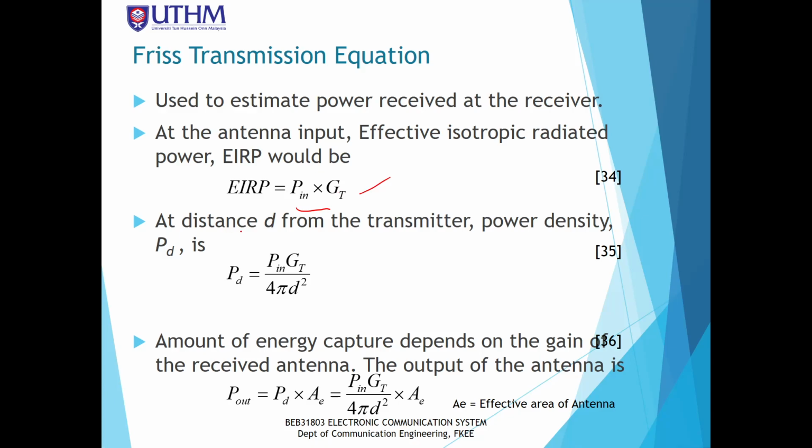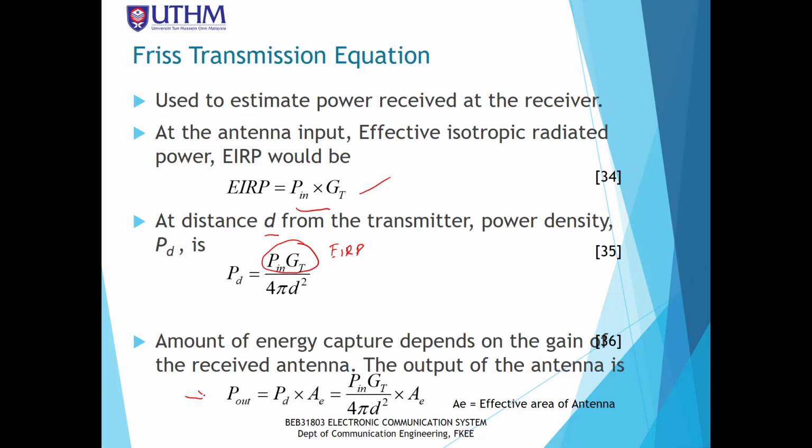At distance d or distance r from the transmitter, we can calculate the power density, which is equal to P in multiplied with GT divided by 4 pi d squared, or 4 pi r squared, where this is the EIRP. Okay, and then what? From this equation we can calculate the P out.